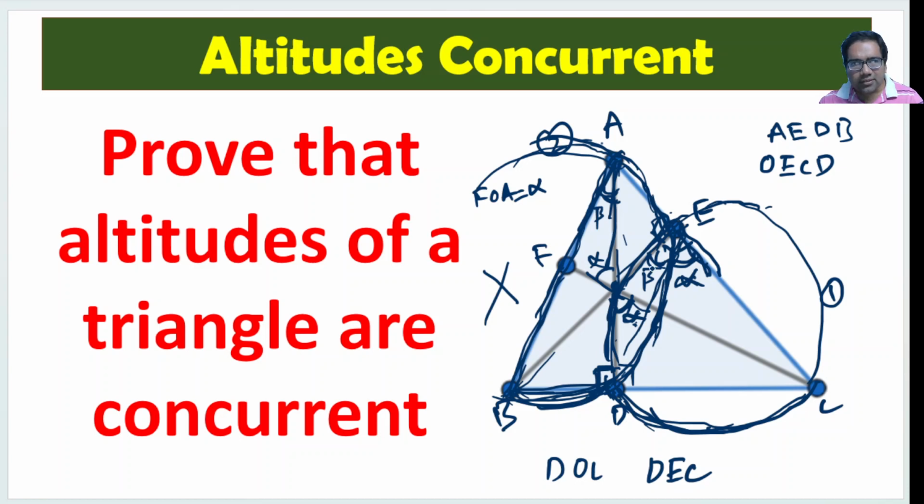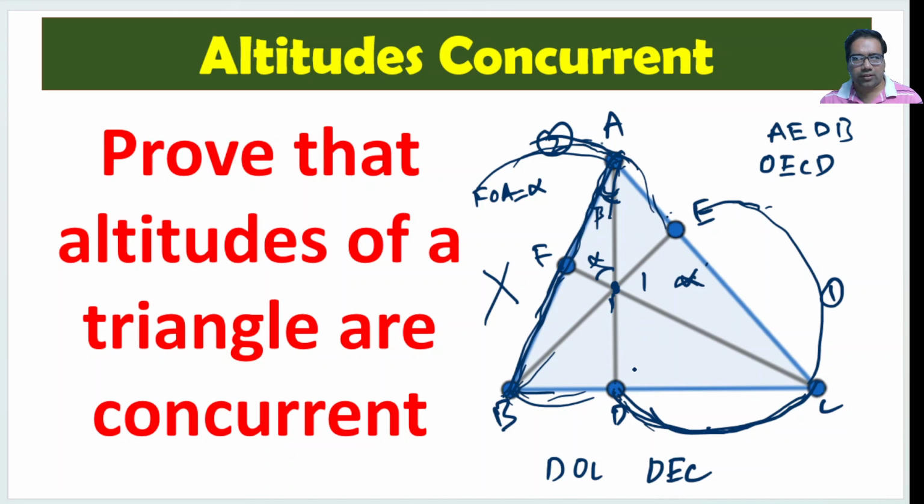The diagram has become a little clumsy. What we are trying to say is, if we connect D and E, and this is O, then this is alpha, this is also alpha, this is also alpha.